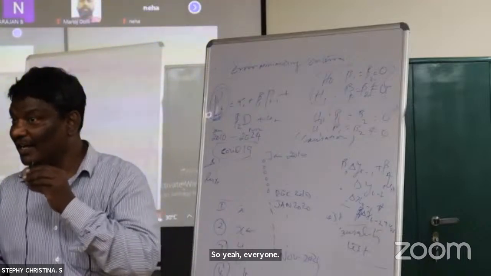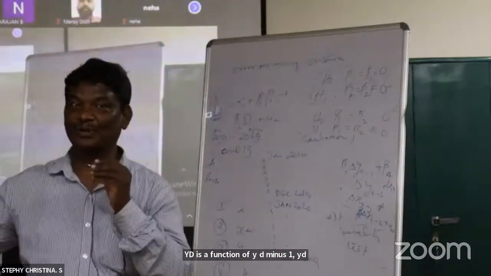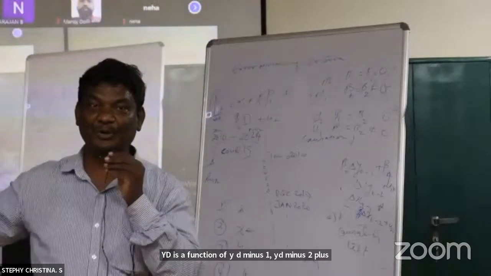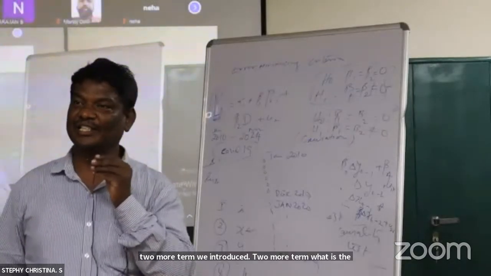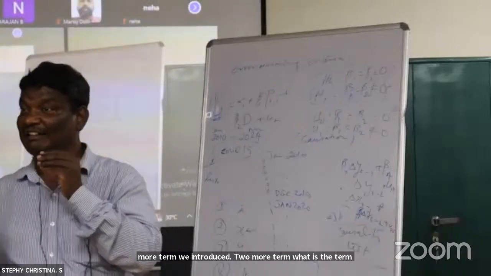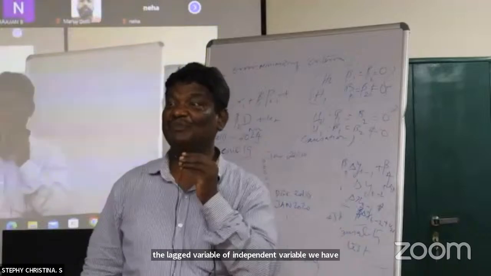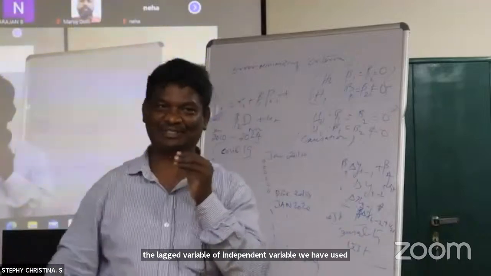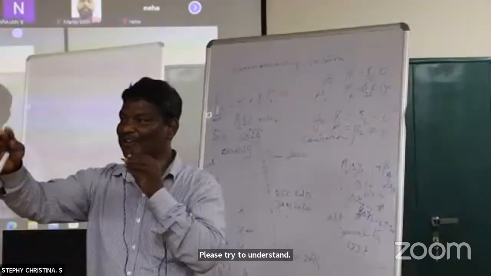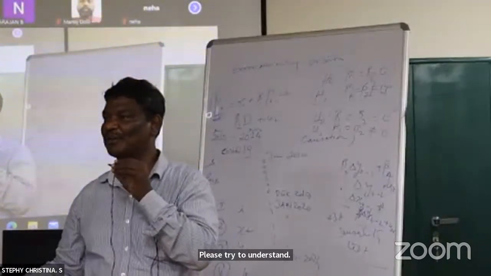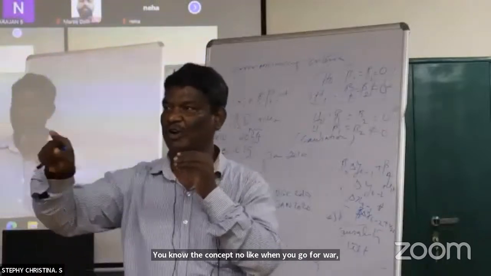Yt is a function of Yt-1, Yt-2, plus two more terms we introduced. What are the terms? This is not autoregressive; the lagged values of the independent variable are used, which we call an endogenous variable. Please try to understand. Why are we going for its lag? When you go for the VAR model, why do we go for lag?